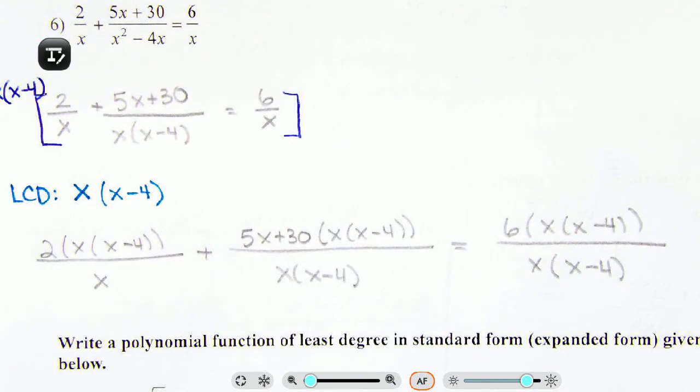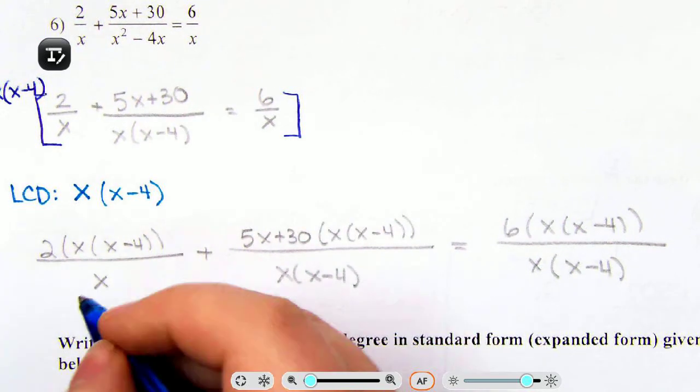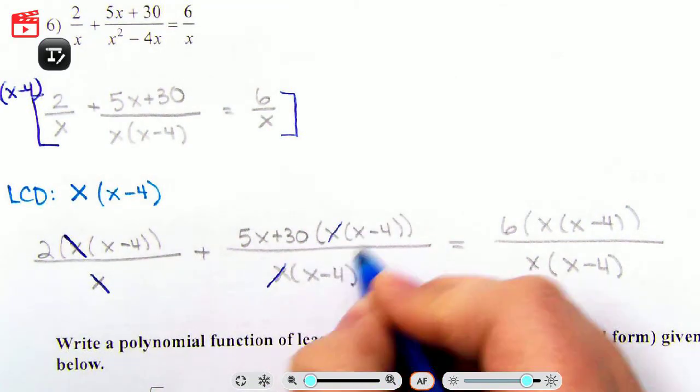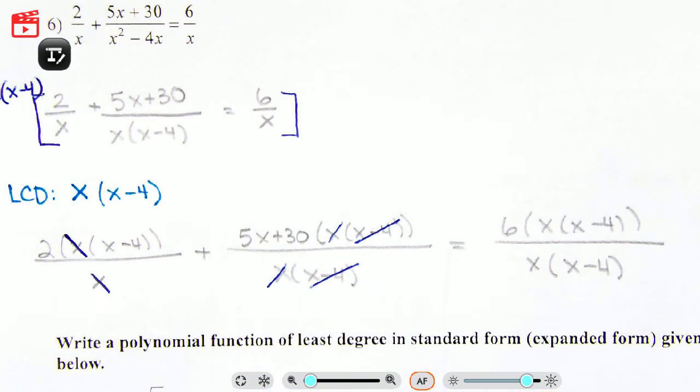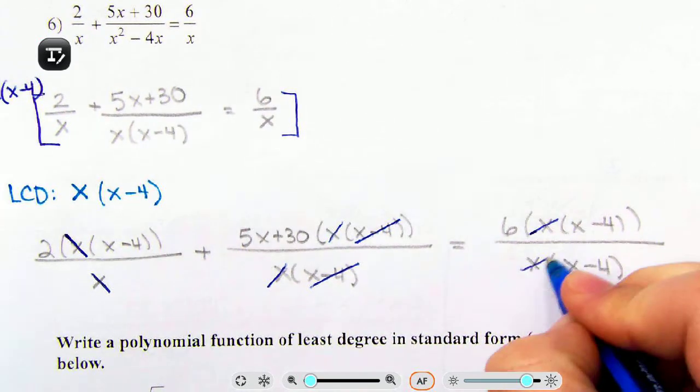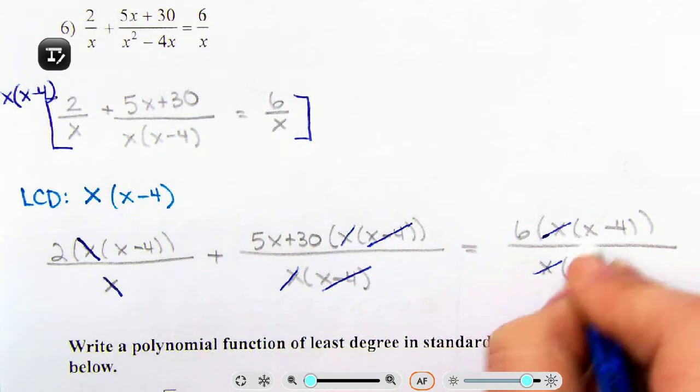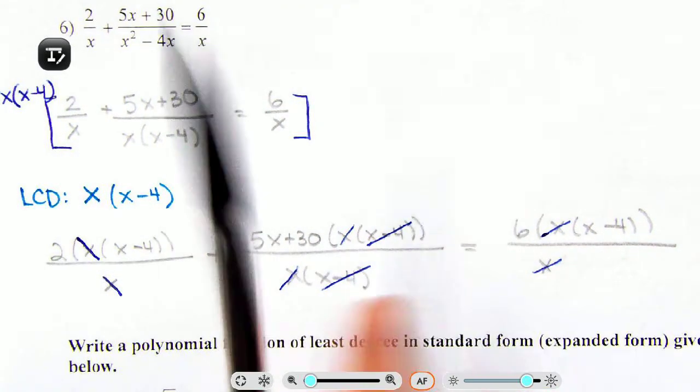And then because you have multiplication, you've multiplied this LCD in, you get to cancel. So these x's cancel out. These x's cancel out. X minus 4 cancels out with x minus 4. These x's cancel out. And, oh, caught myself making a mistake. We do not have an x minus 4 here. We only have an x in our denominator.